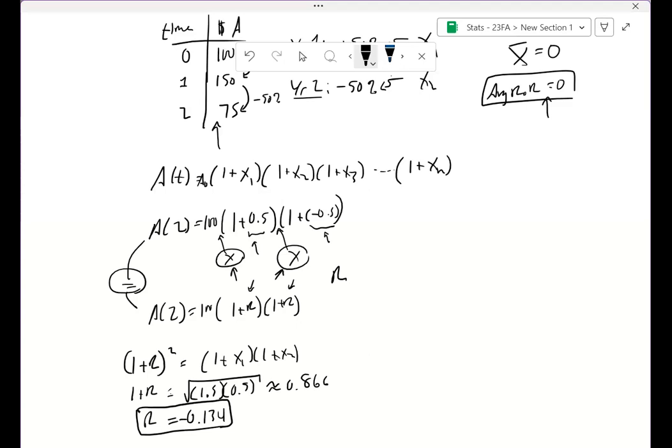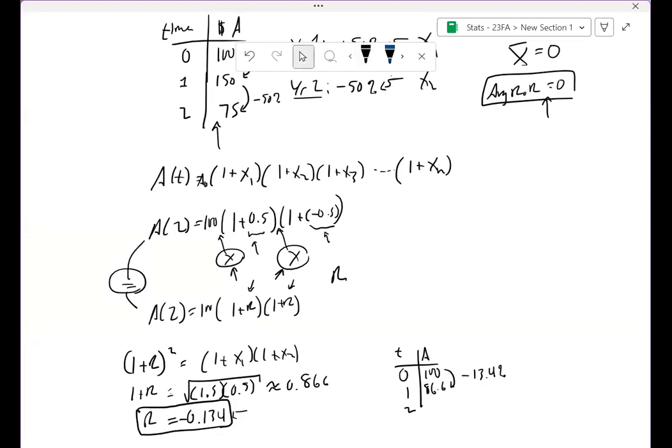So had I lost 13.4% per year, what would my amount look like over time 0, 1, 2? We start with 100. The first year I lose 13.4%. So I'm down to what? 86.6.